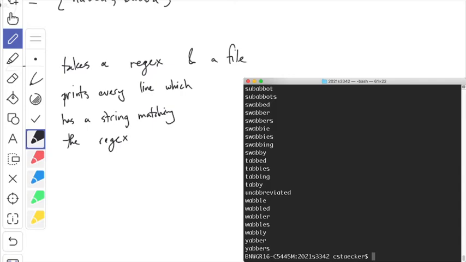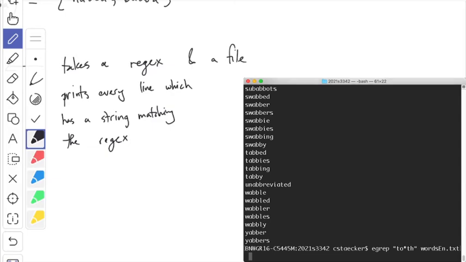All right. This is how grep works. How about, let's do one that's a little more interesting. TO, can you see this? So my expression that I'm using here is TO star TH.